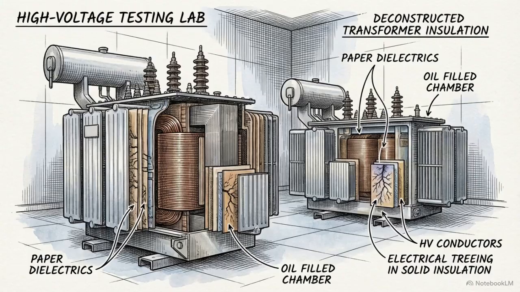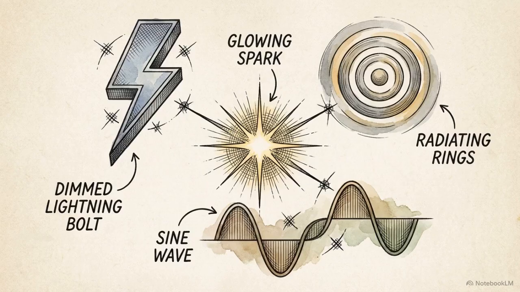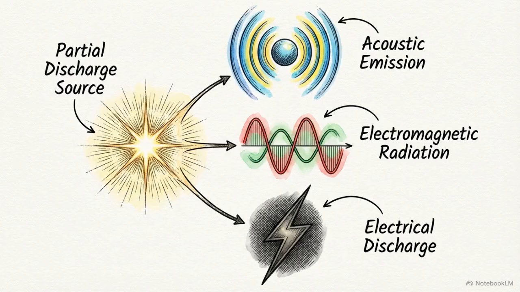The conventional IEC 60270 method is highly sensitive, which is an advantage in a controlled laboratory. But in a live operating substation, the circuit picks up background electromagnetic interference, obscuring the actual defect signals. To cut through the noise of a live grid, modern diagnostics capture other physical byproducts of the discharge, specifically electromagnetic radiation and acoustic pressure, rather than relying solely on electrical current.